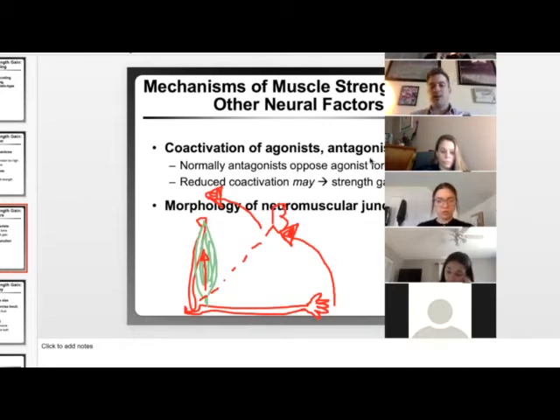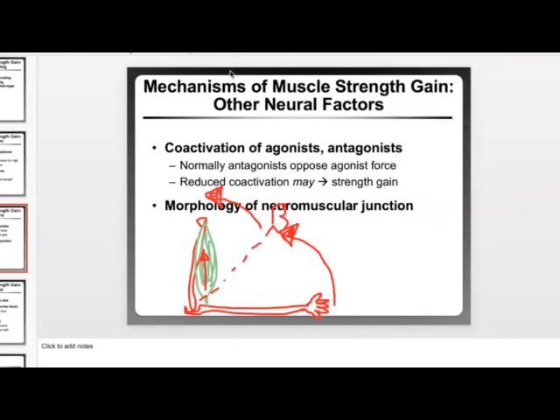All right, so this bicep is the agonist. The agonist is the muscle that's creating this motion. Aubrey, what's an antagonist? Isn't the antagonist the opposite muscle?